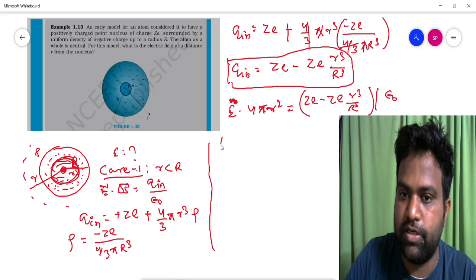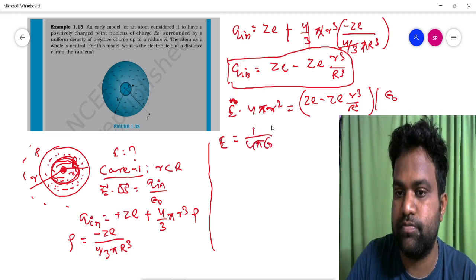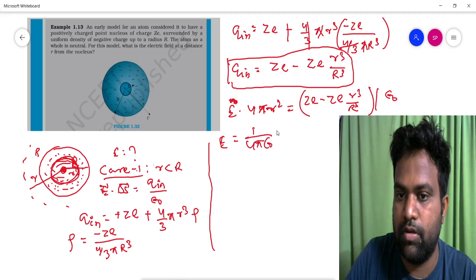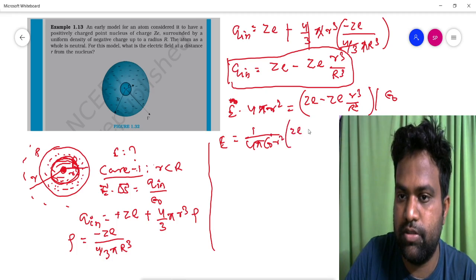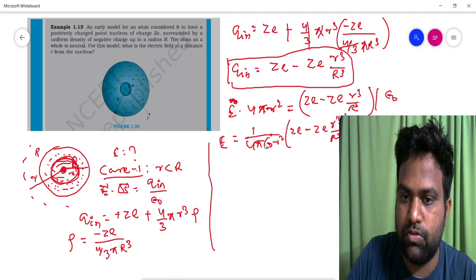Now we are interested in E. So E will be 1 by 4 pi epsilon naught, 1 by r square, and the terms Ze minus Ze r cube by R cube. So you can take Ze also outside.